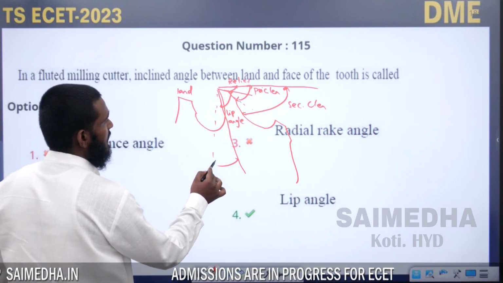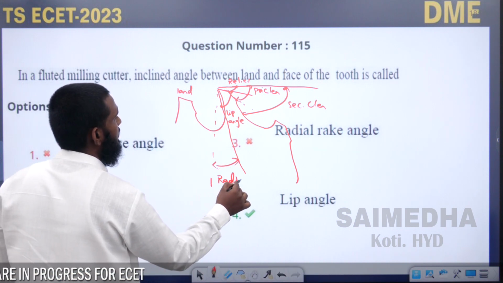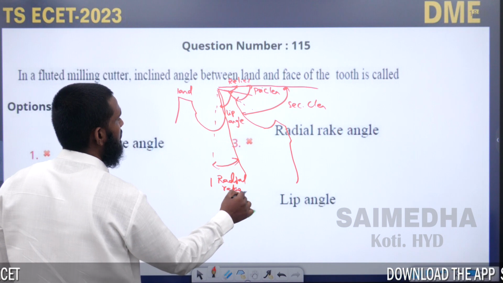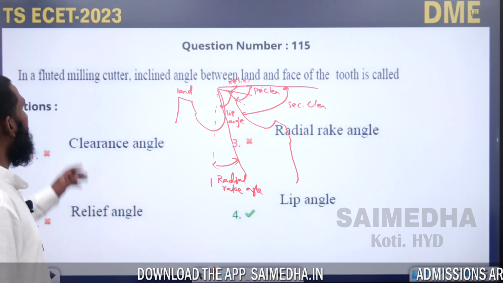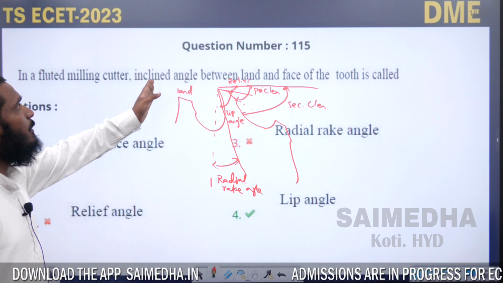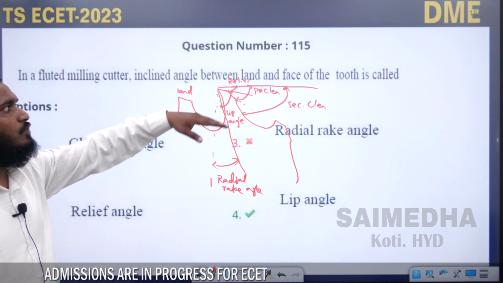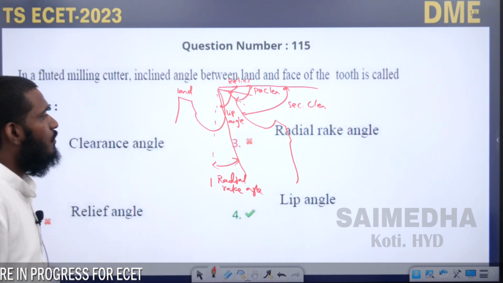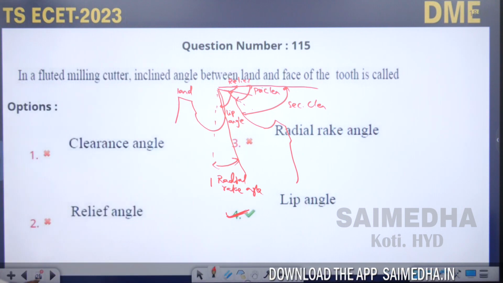And this angle, with the axis we have taken, we are calling the radial rake angle. So these angles we have discussed over here. What is asked actually: in a fluted milling cutter, the inclined angle between land and face of the tooth is called what? We are calling it lip angle. Fourth option is correct. Okay, lip angle is correct.